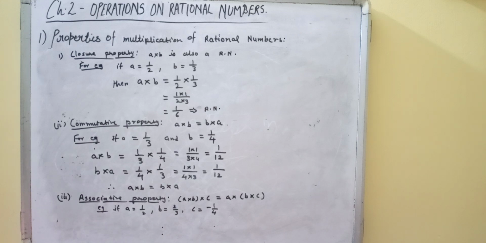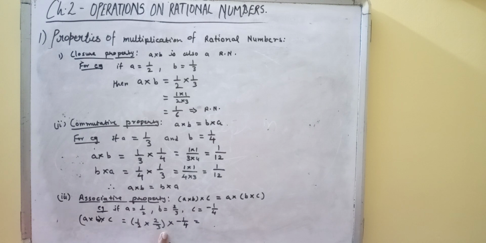Now we verify this property. First we will take the left hand side, that is A into B into C. So A is 1 upon 2, B is 2 upon 3 and multiplied by C, that is minus 1 upon 4.